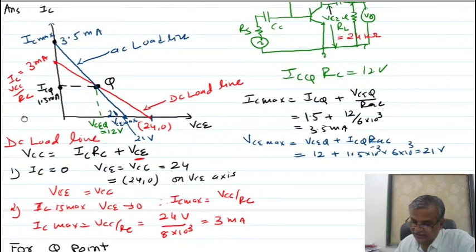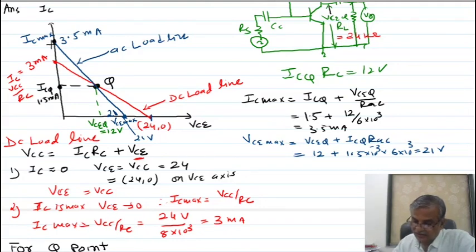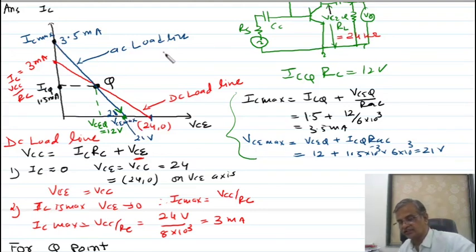How have I calculated it? By these two equations I have calculated IC max and VC max to draw the AC load line.